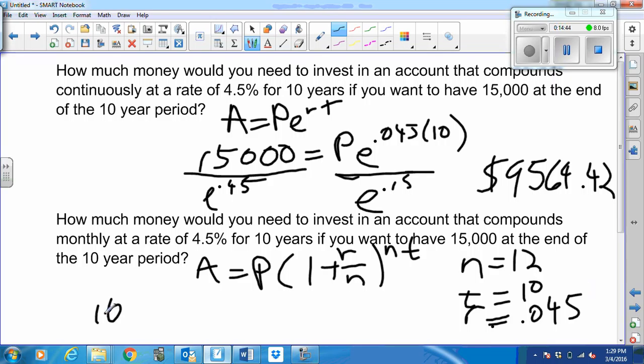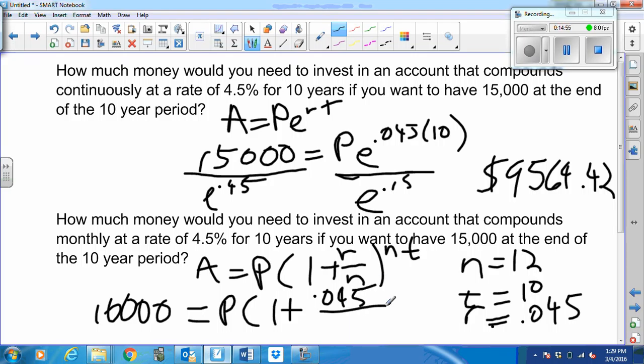So we want $10,000 at the end of that, and we have that it's going to be 1 plus 0.045 over 12 raised to the 12 times 10. And I'm going to let you guys go ahead and finish solving that on your calculator, and I'll trust that you'll get that right.